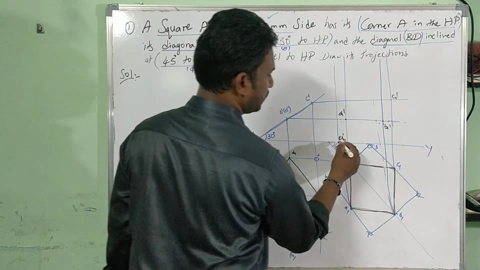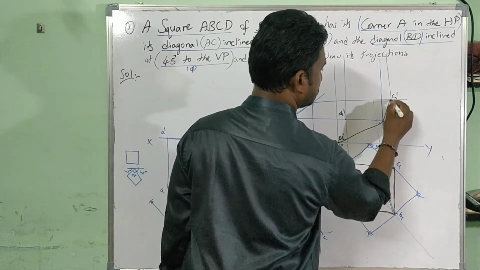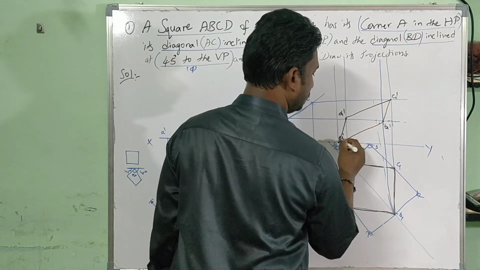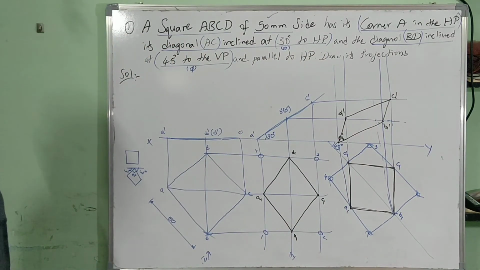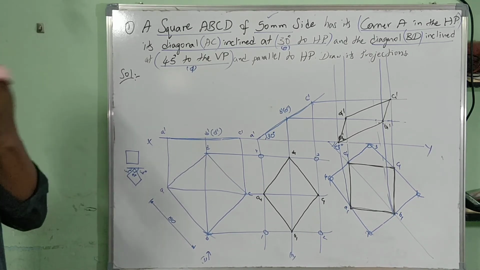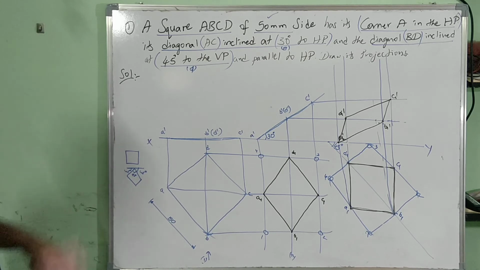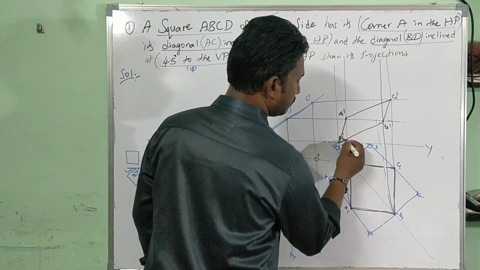The final procedure, as per procedure: A1 dash, B1 dash, C1 dash, D1 dash, A1 dash. The shape will be something like that. See, the final diminution shape in the front view.